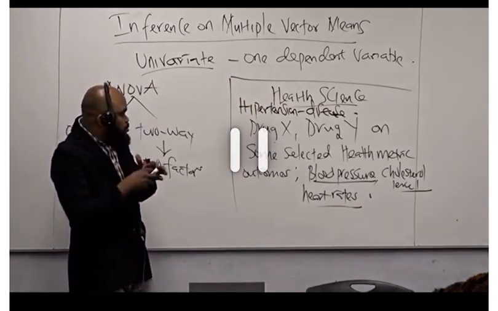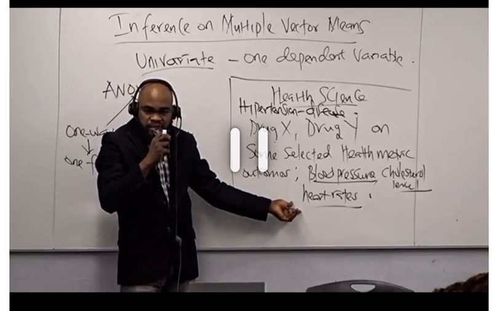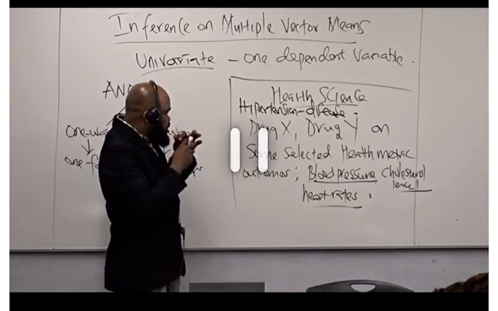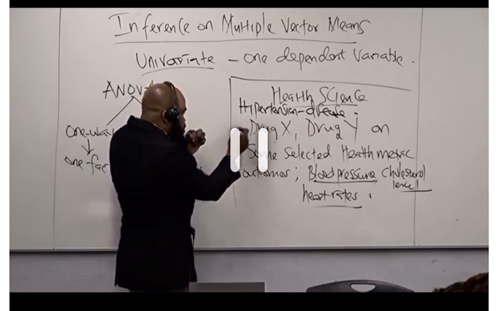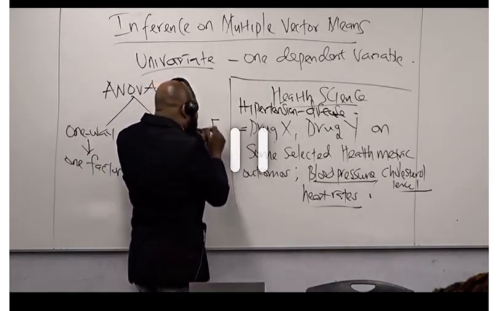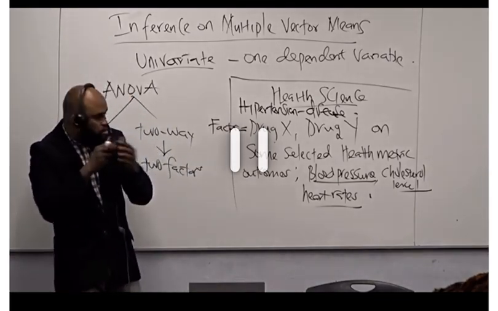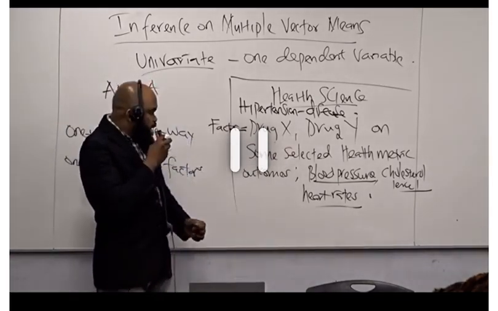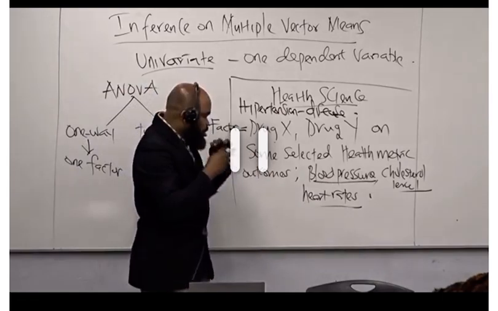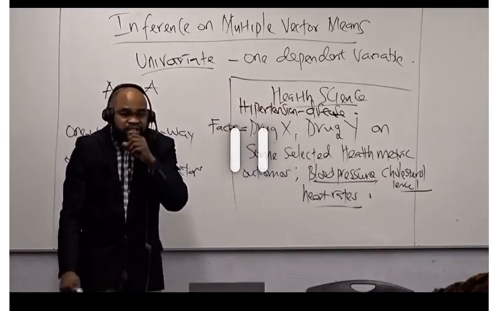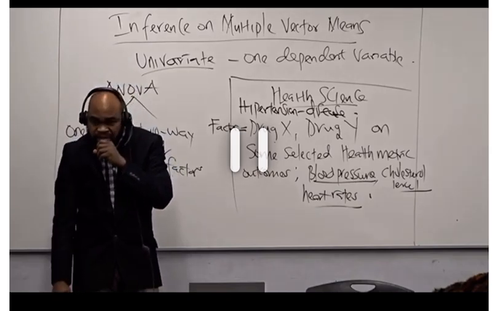Now, the independent variable here is drug S and drug Y. This is the factor. We only have one factor with 2 levels, drug S and drug Y, and the dependent variables, blood pressure, cholesterol level, and heart rate, make this multivariate.